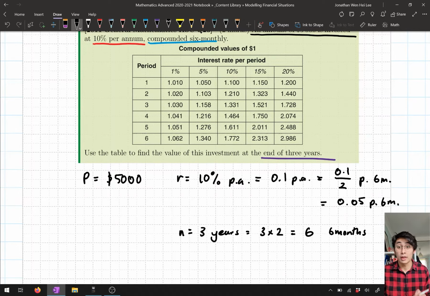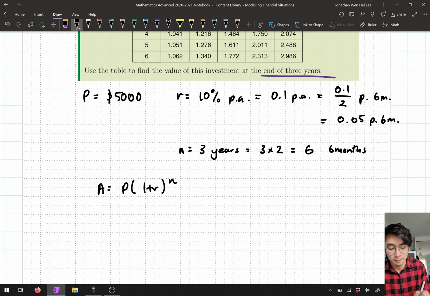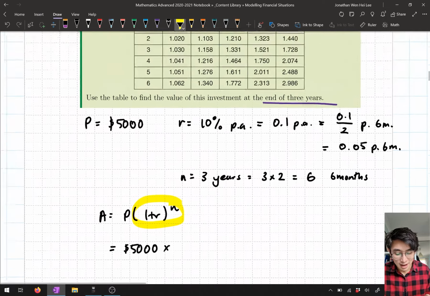Now that I've done all of that, I can use the table to help me figure this out. The future value formula, if you remember, was A equals P times (1 plus R) to the power N. The present value is still $5,000, but instead of calculating all of this, which you totally could do, we can find this whole thing, the future value interest factor, from the table.